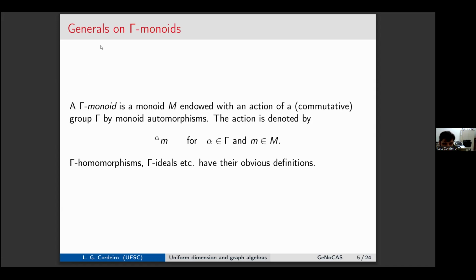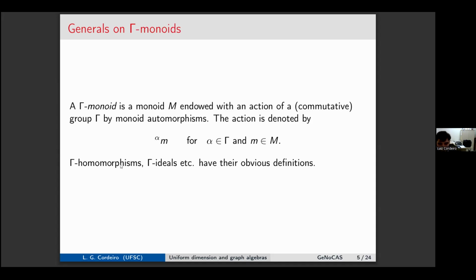Actually, we work in a slightly more general setting, which Hazrat introduced in one of his papers, that of a gamma monoid, where gamma is a group. A gamma monoid is a monoid endowed with an action of a commutative group gamma. We denote the action by a pre-superscript instead of the usual product notation.